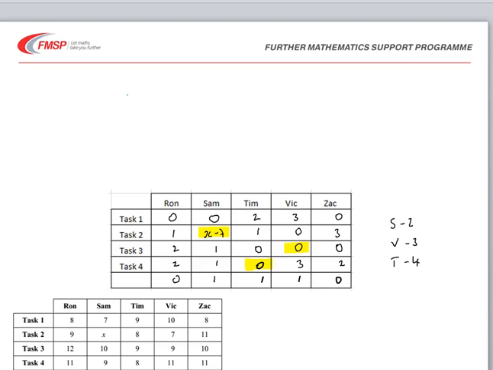But then we've got the alternatives of either Ron doing task 1 and Zach basically doing the dummy, or Zach does task 1. Right, so for that part of the question there were just 2 marks, B1 and B1.